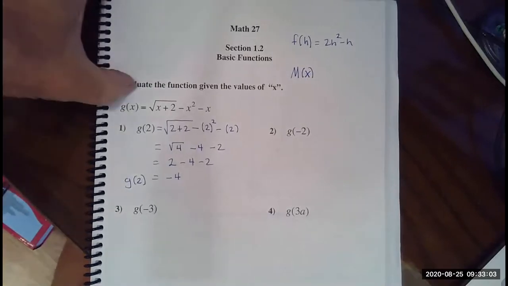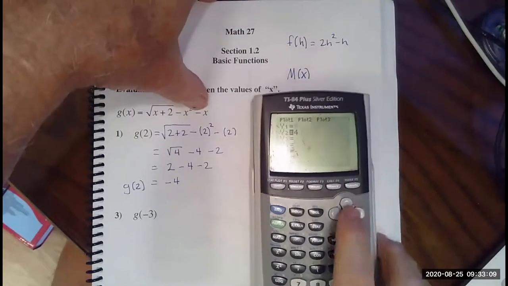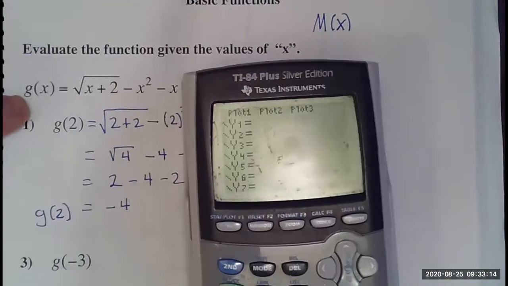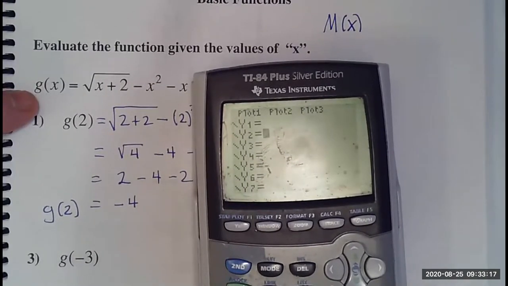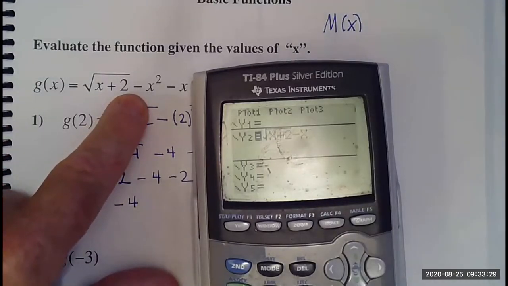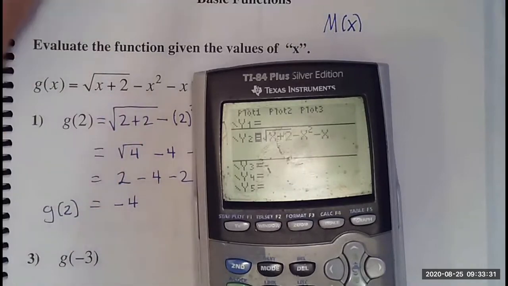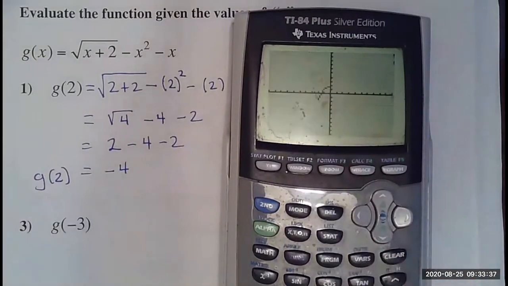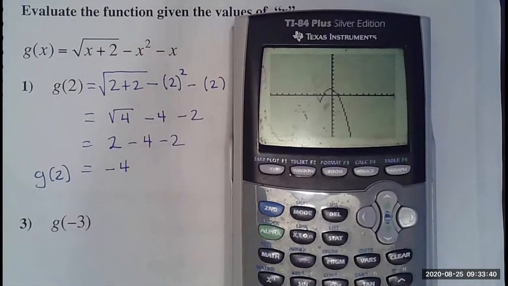I'm going to show you something. If this is a function, that's graphable. And there's some other wiggly parts.